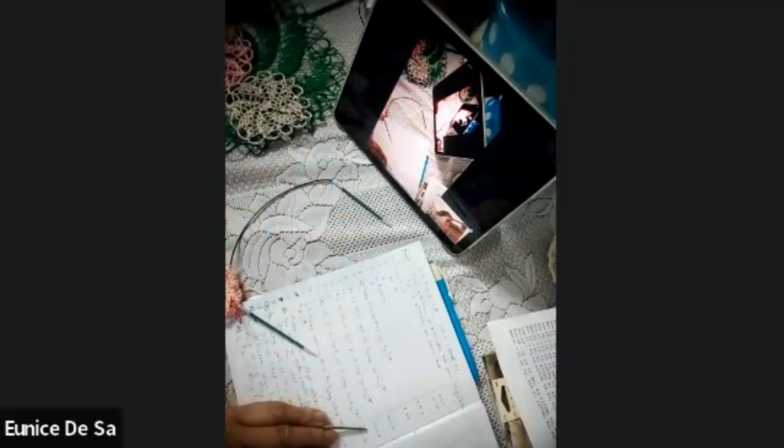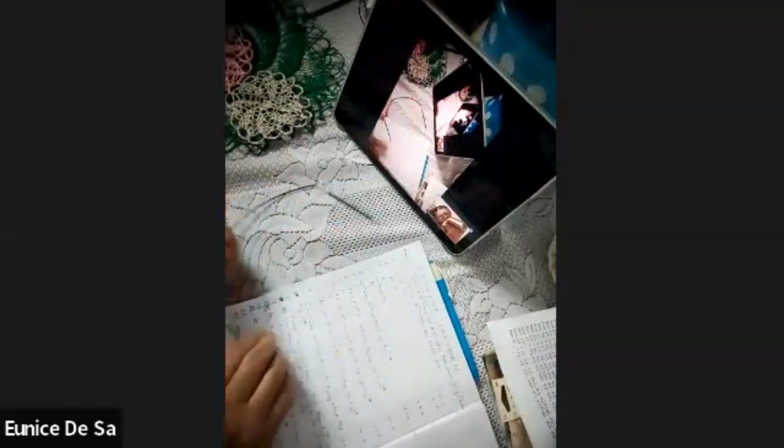And if you want to know the previous row also, you count the same way, right? Now we have finished the 9th row. We are going to the 10th row.